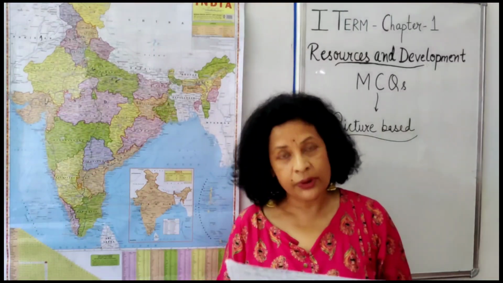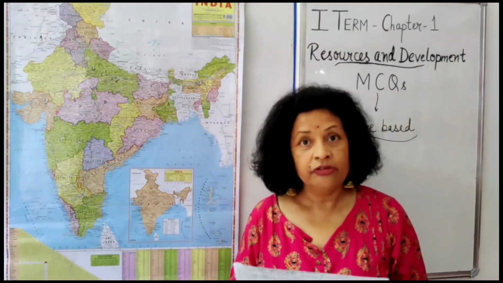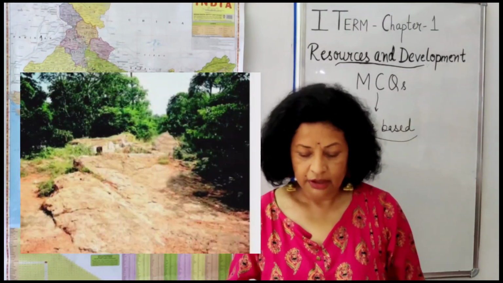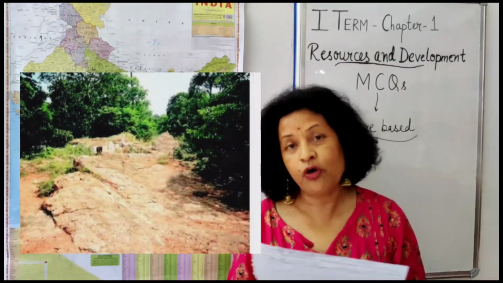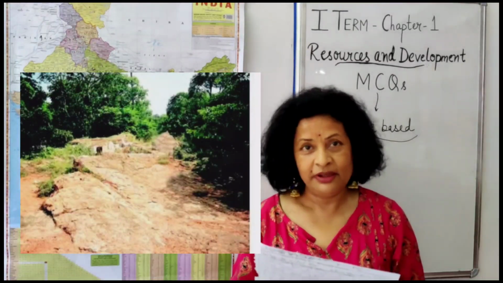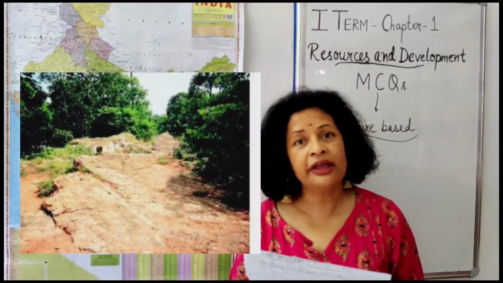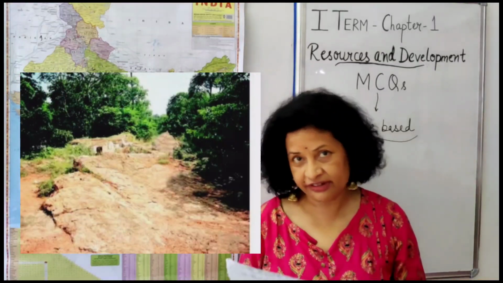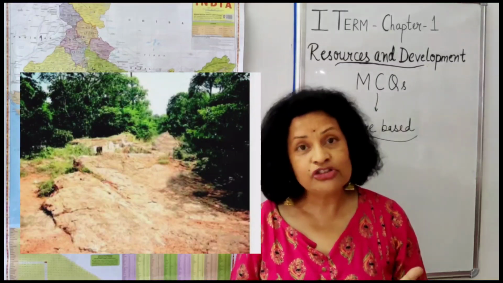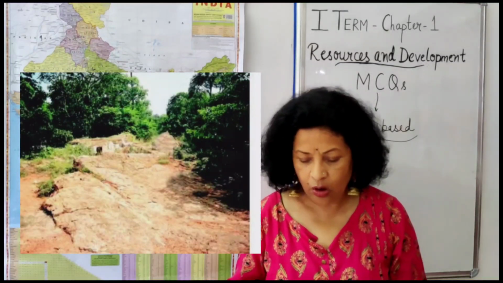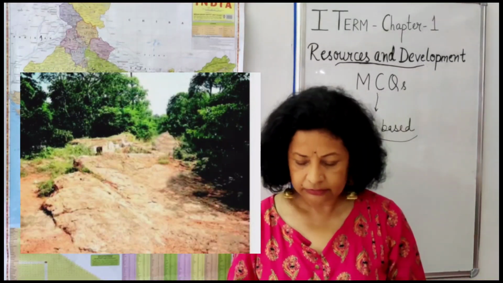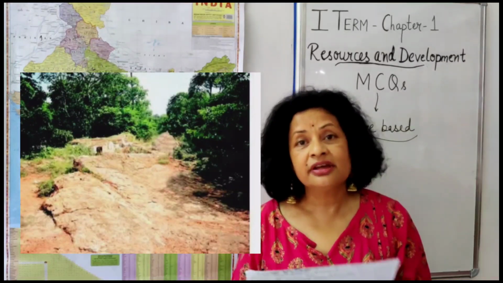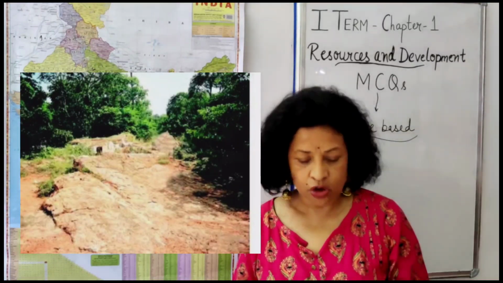Next question. Look at the figure carefully. Name the soil. First of all, you should recognize the soil. If you have read your book carefully and seen all the pictures of your book carefully, you must have recognized it. Is it alluvial soil, laterite soil, or black soil? The answer is laterite soil.